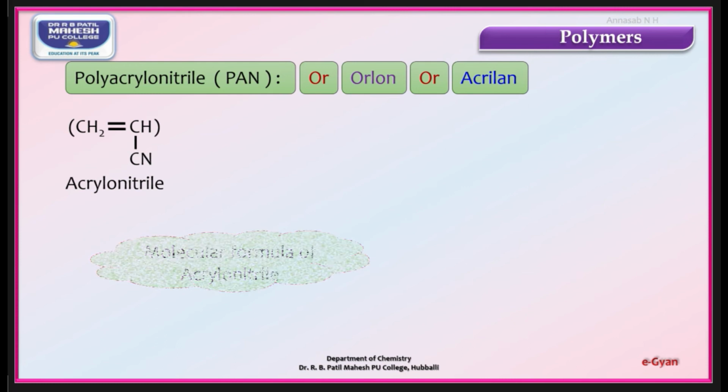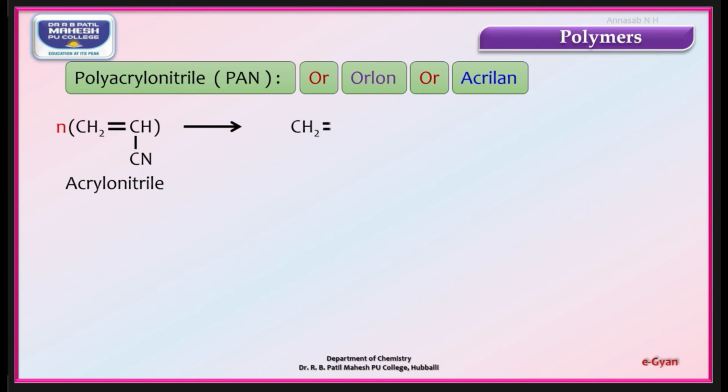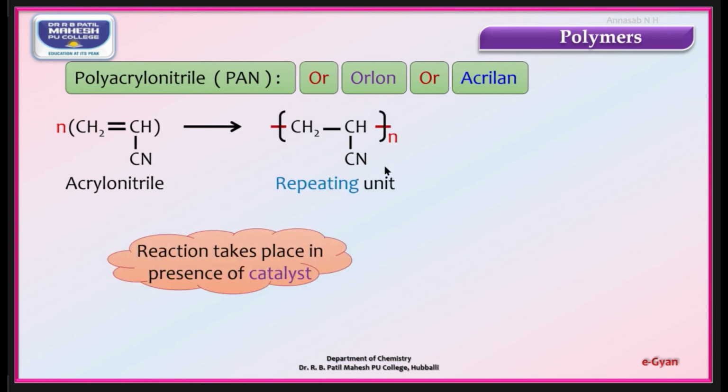This also undergoes polymerisation. If n molecules of that same monomer undergo polymerisation, the repeating unit is CH2-CHCN. If it repeats n times, there is a formation of polyacrylonitrile, that is the polymer. It also takes place in the presence of a catalyst, and here the catalyst usually is hydrogen peroxide.